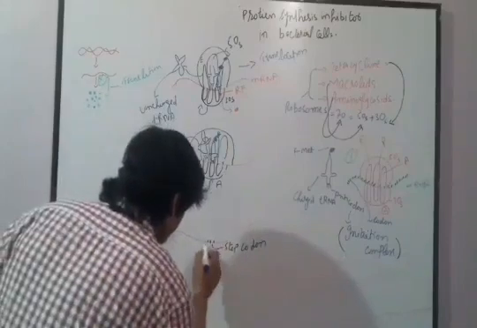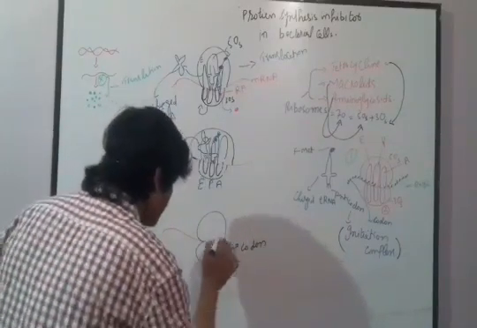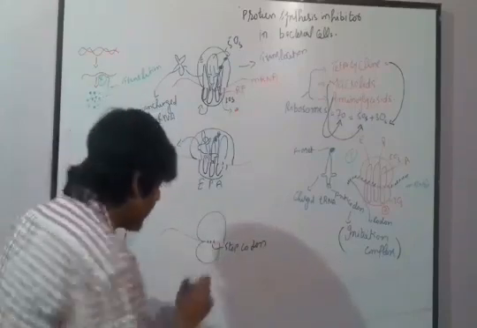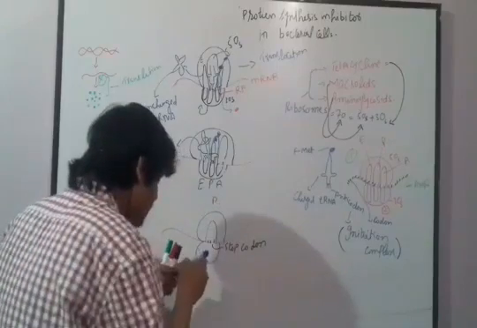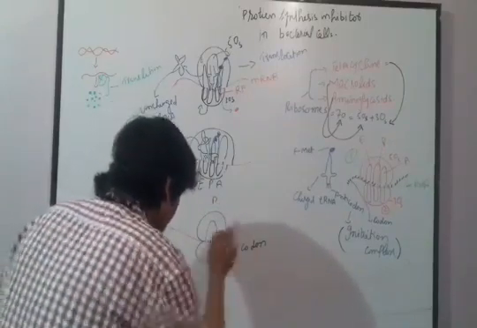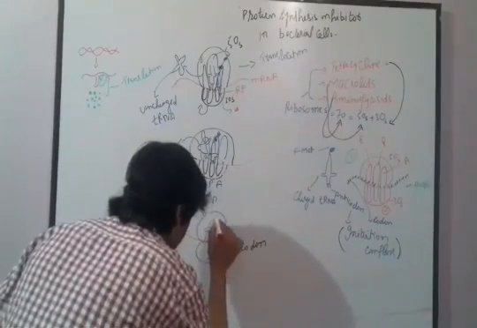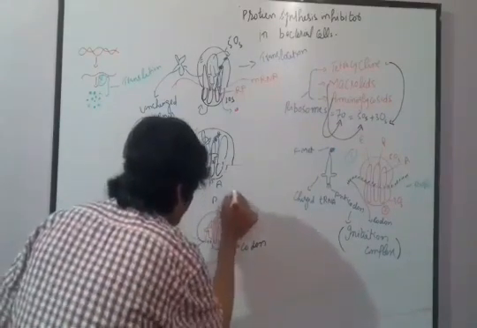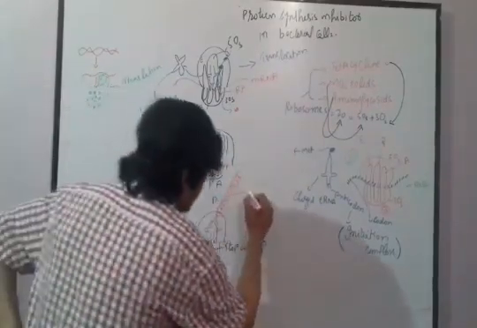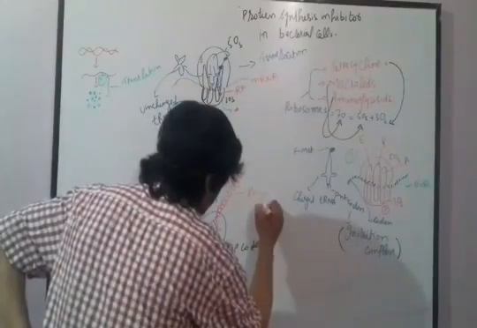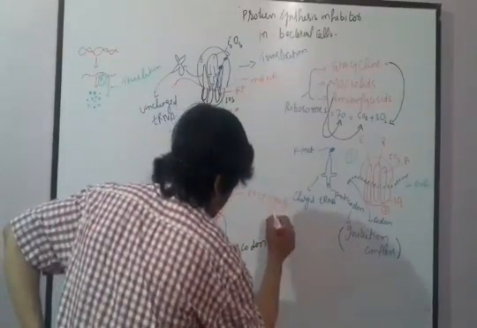At the stop codon, let me draw the ribosome here with a blue marker. As this is the P site, let's suppose, this P site will carry the transfer RNA having the polypeptide chain.